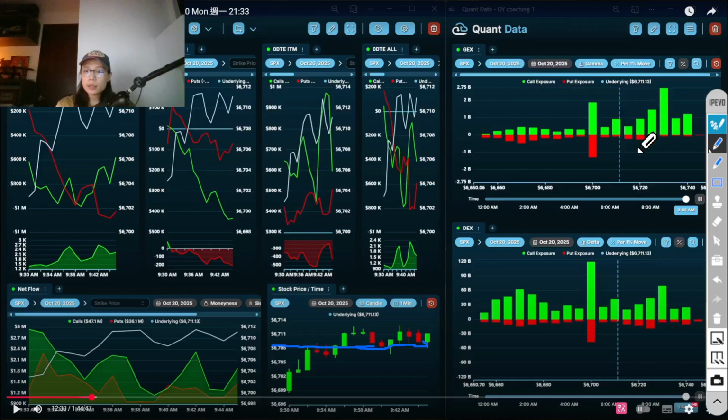And how about the GEX? We have GEX exposure. We have 6700 with a huge gamma exposure, and as well in the delta perspective. So basically in the last 5 minutes, it's mild and defensive and sideways and a little bit bullish. Okay, continue.